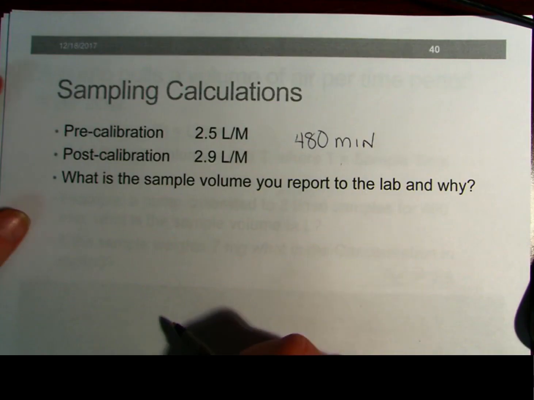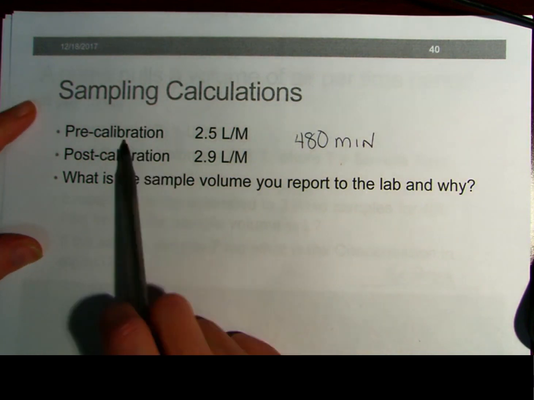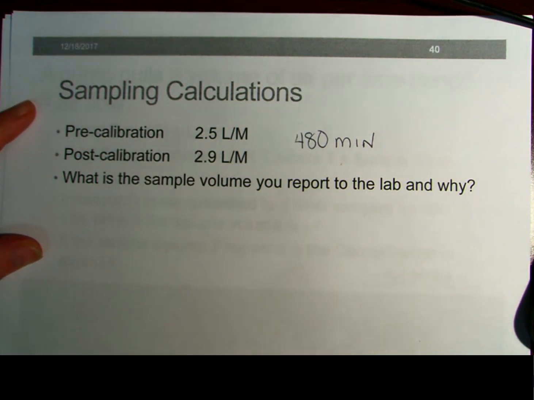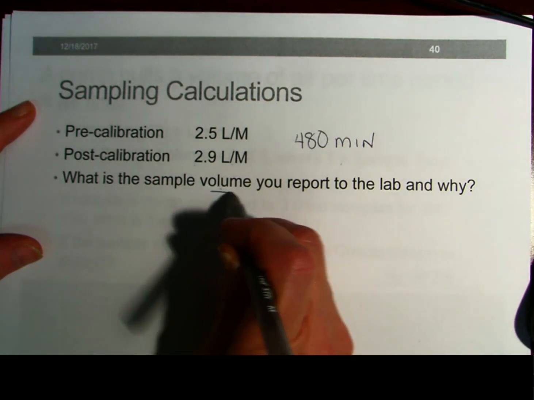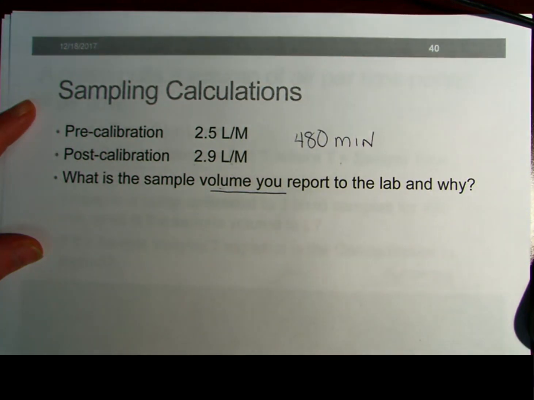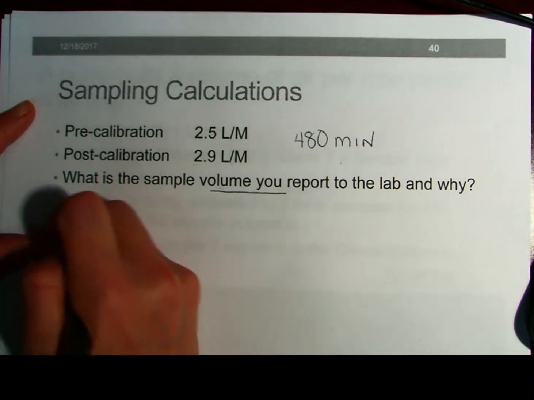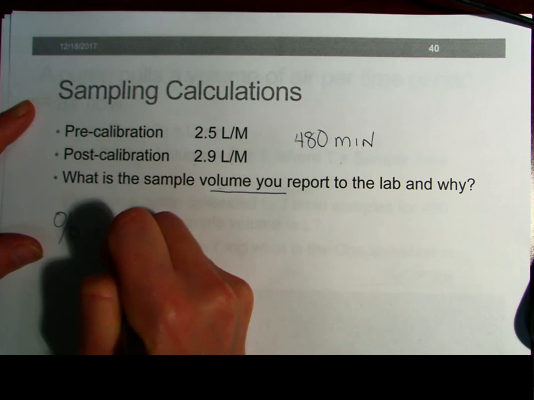So another example calculation. We pre-calibrated at 2.5 liters per minute. We post-calibrated at 2.9 liters per minute. So what's the sample volume that we report to the lab and why? So first, what's our percent error?